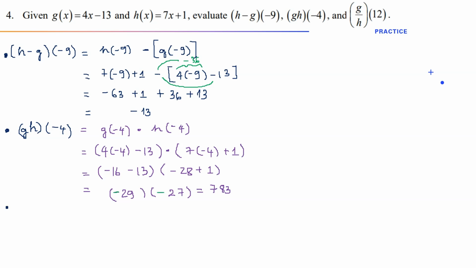Okay, so the last one, (g over h) of 12, that will be g of 12 divided by h of 12. And g of 12 is 4 times 12 minus 13, over h of 12, which is 7 times 12 plus 1.